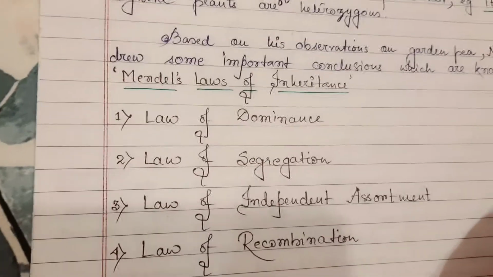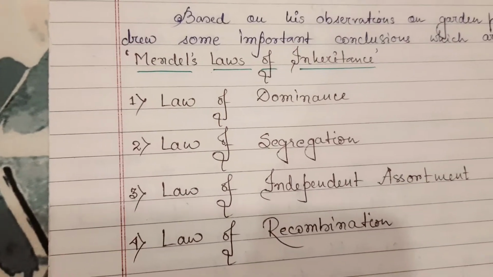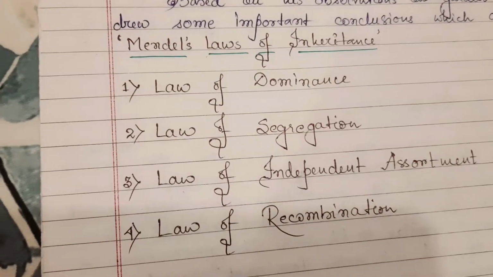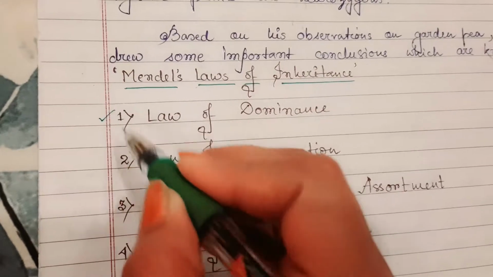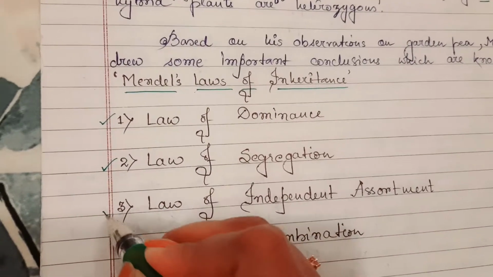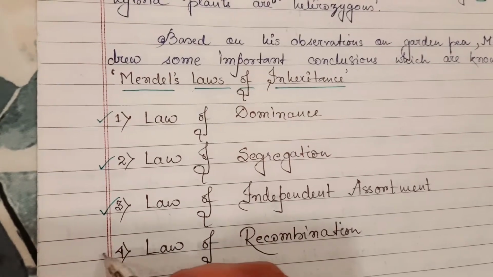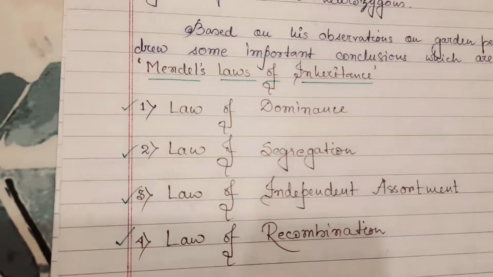As I am teaching you in the simplest ever possible manner, please try to take them down in your notebooks. The first law that we are going to study is law of dominance, second law of segregation, third law of independent assortment, and fourth law of recombination. Okay?